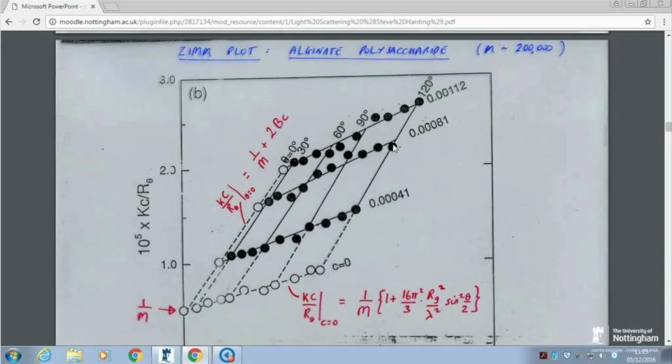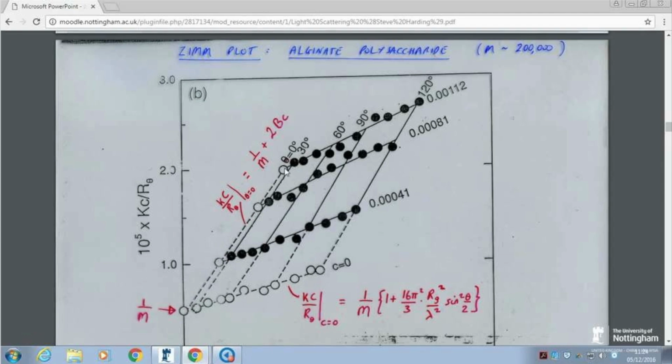For each angle, you can extrapolate the results to 0 concentration. This angle, 90 degrees, extrapolate the results to 0 concentration. So you get these 2 lines. That's a 0 concentration line, and that's a 0 angle line.